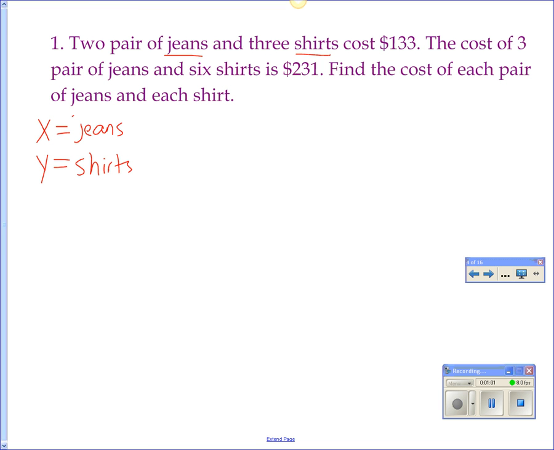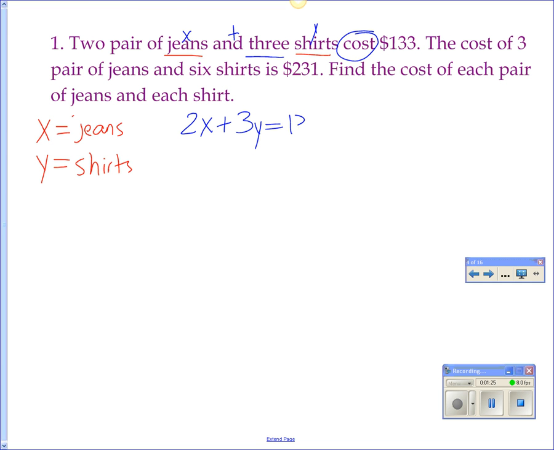The next step you're going to do is set up 2 equations. So 2 pair of jeans is going to be 2x, because jeans is x. And it's going to be a plus 3y, because shirts we said was y. What are we going to put for cost?